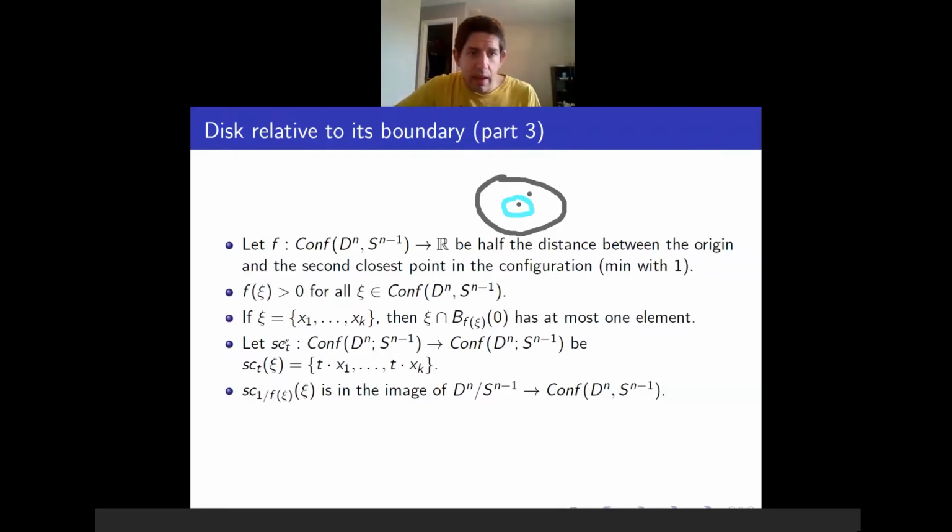Okay, and then we'll let scale sub t be the map that just scales your configuration.